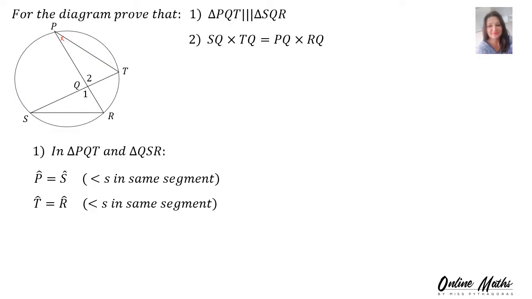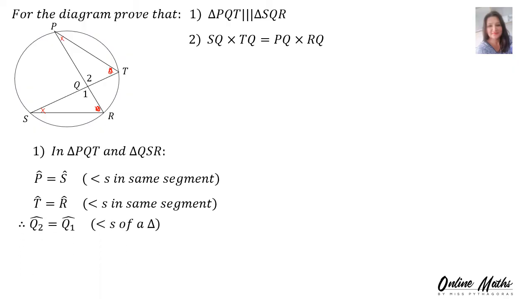We can also say that angle T is equal to angle R. Again, the reason will be angles in same segment. Therefore, without thinking, the third angle will be equal.